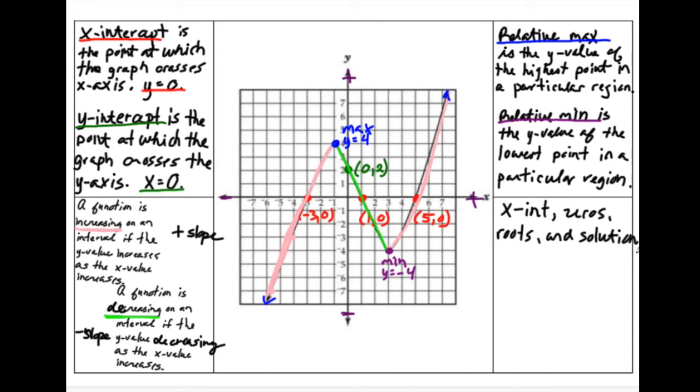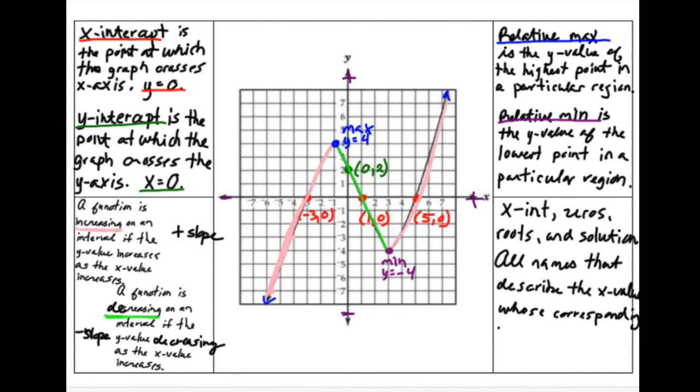They are all names that describe the x value of a function whose corresponding y value equals 0. So what does that mean?